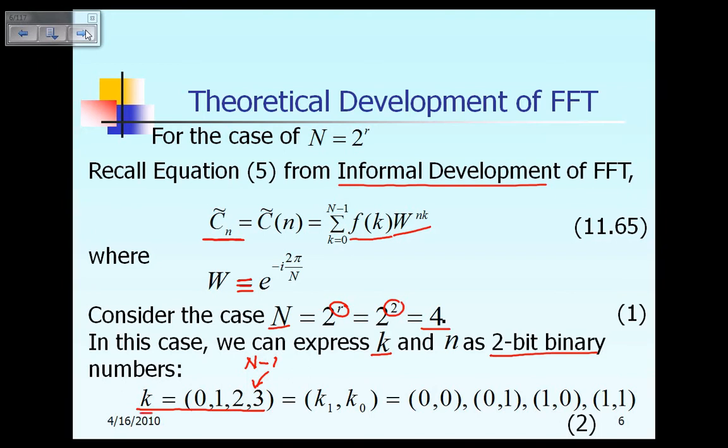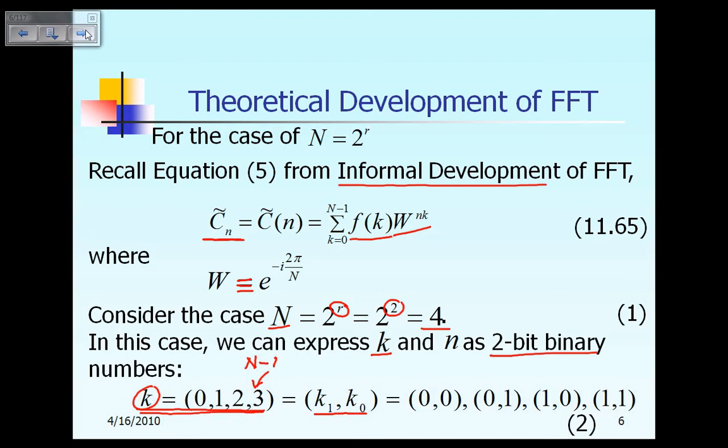This is the value of k expressed in base 10, the one that we normally talk about. However, the same value of k, which could be 0, 1, 2, 3, can be expressed using a 2-bit binary form, like k1, k0.